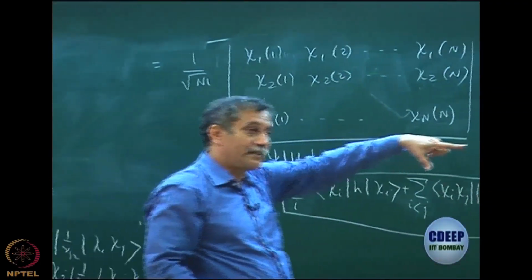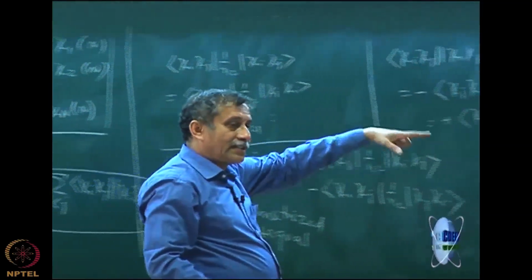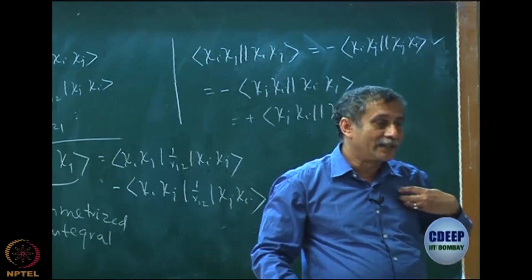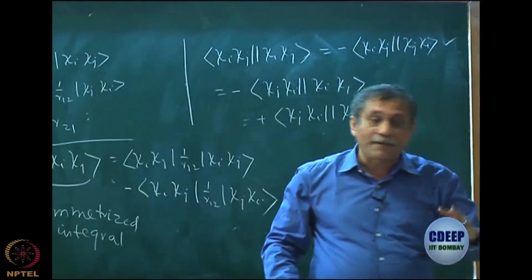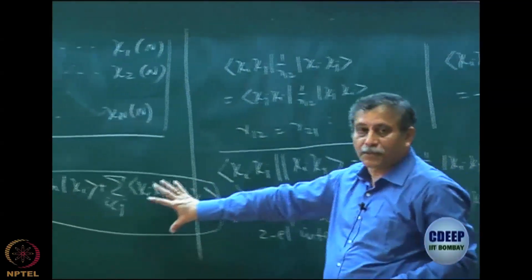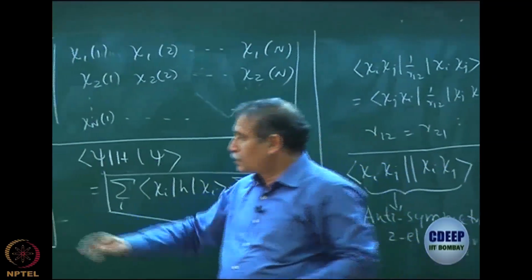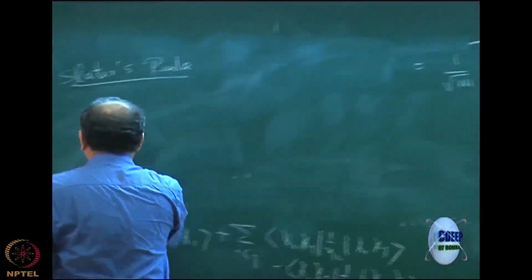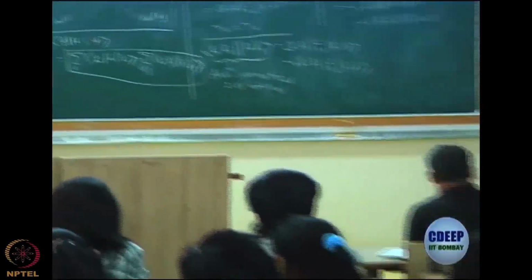In the other class I discussed that the variation theorem will actually give you chi. I still don't know the basis. But let's assume that whatever my chi I's are, if I know them, this is the energy in terms of chi I's. We will analyze this form a little bit more critically, and there will be a lot of good physics that we can see from there.